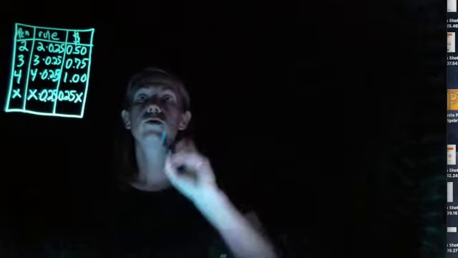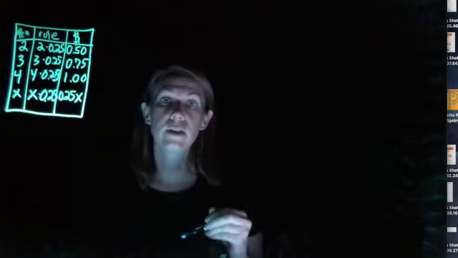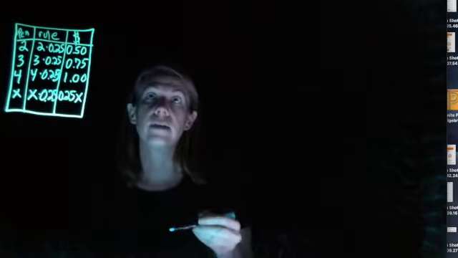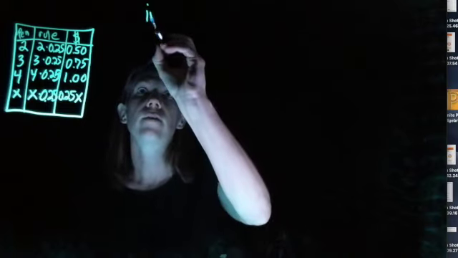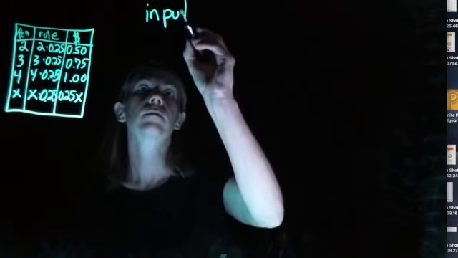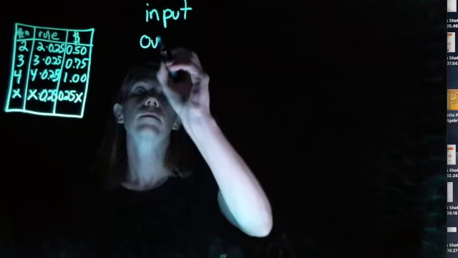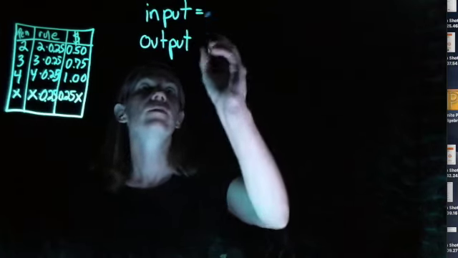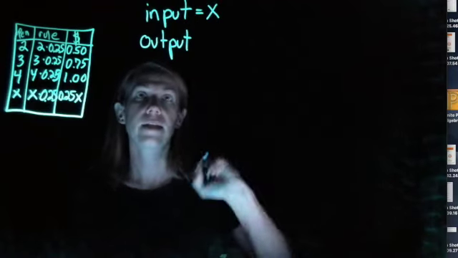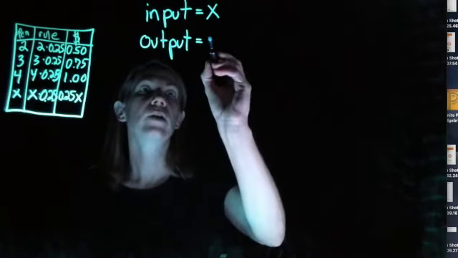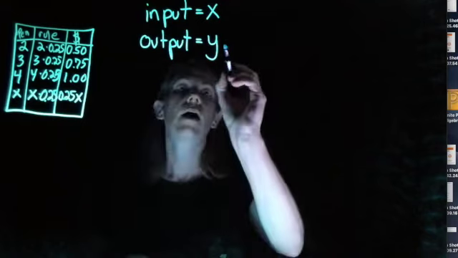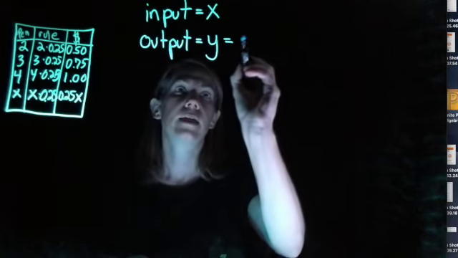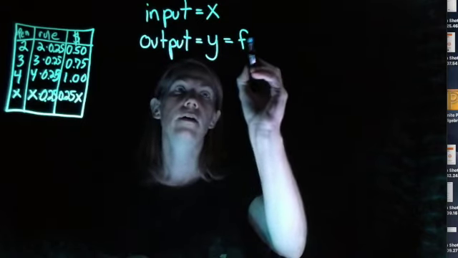Now, just like in equations that we learned last unit, we have input and we have output. And our input we normally think of as x, and that's the same. And our output we normally think of as y. Another way to say the output is f of x.